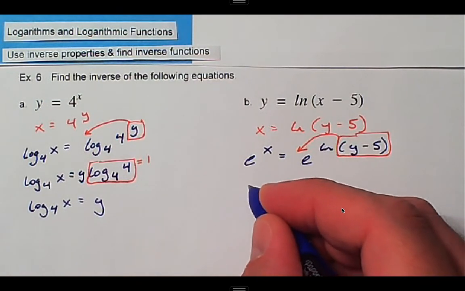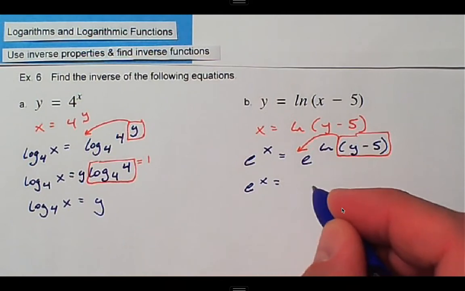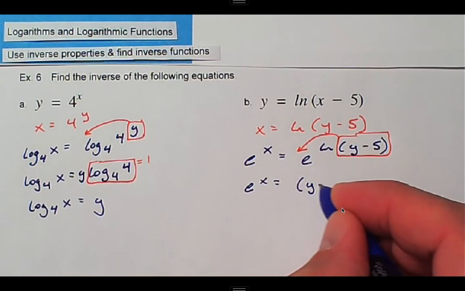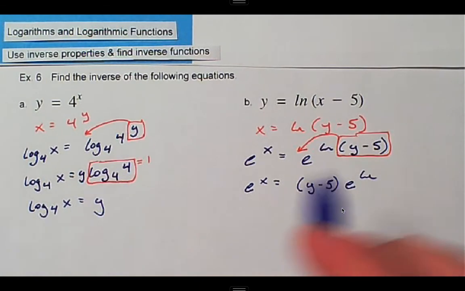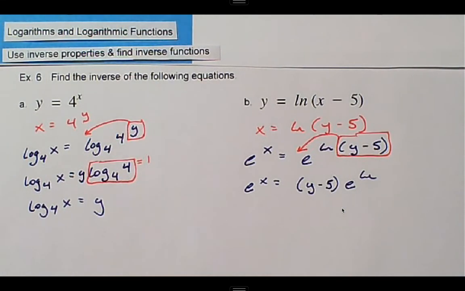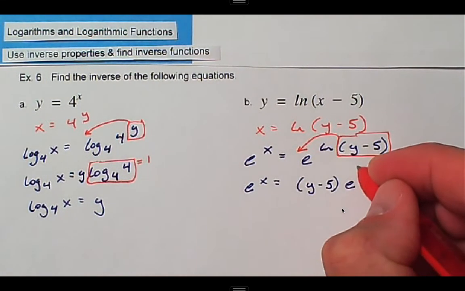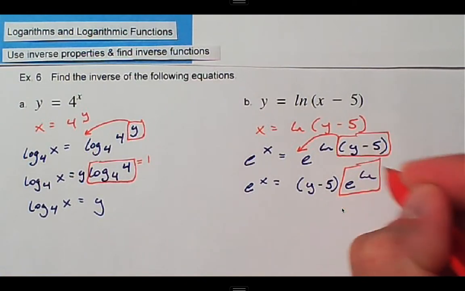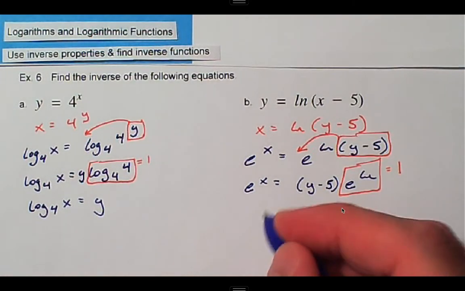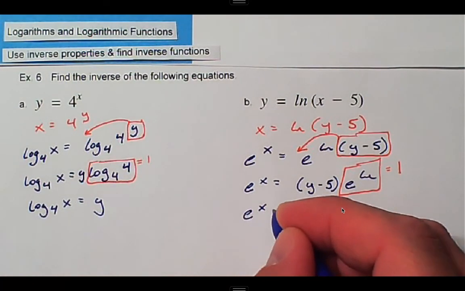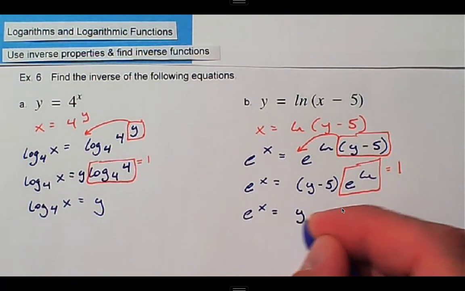So then we get e to the x equals y minus 5 times e to the natural log. And then e to the natural log is equal to 1. So then we get e to the x equals y minus 5.